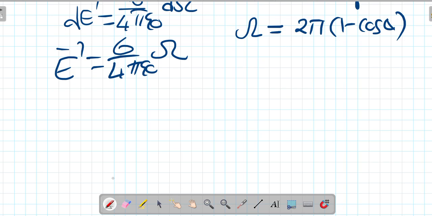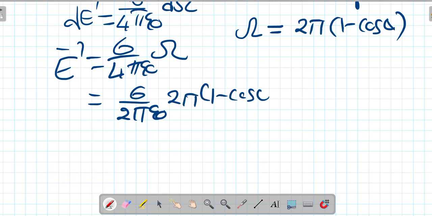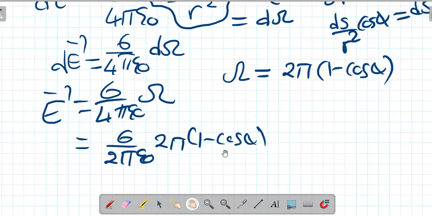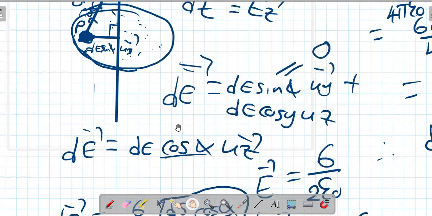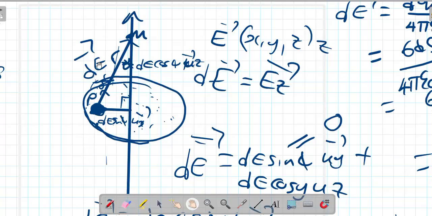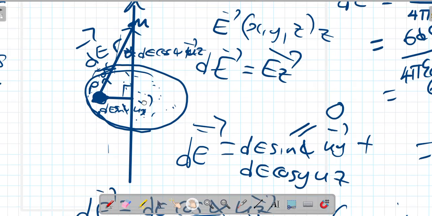As simple as that. Because you know the solid angle on which you see the disk, you just put sigma over 4 pi epsilon 0, then you put 2 pi 1 minus cos alpha. So you only have to know the solid angle on which you see the disk. You have to know how to decompose a vector when you have a right angle triangle, how to parameterize, and do all this. You just need to do a bit of practice.